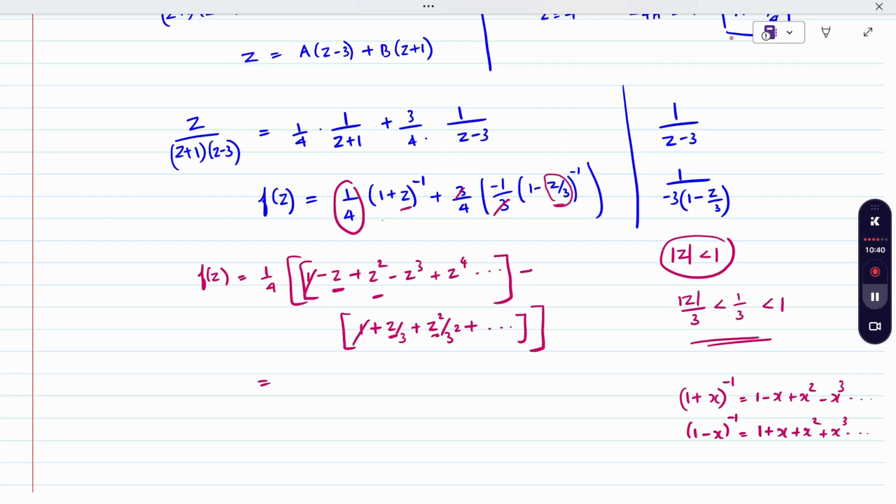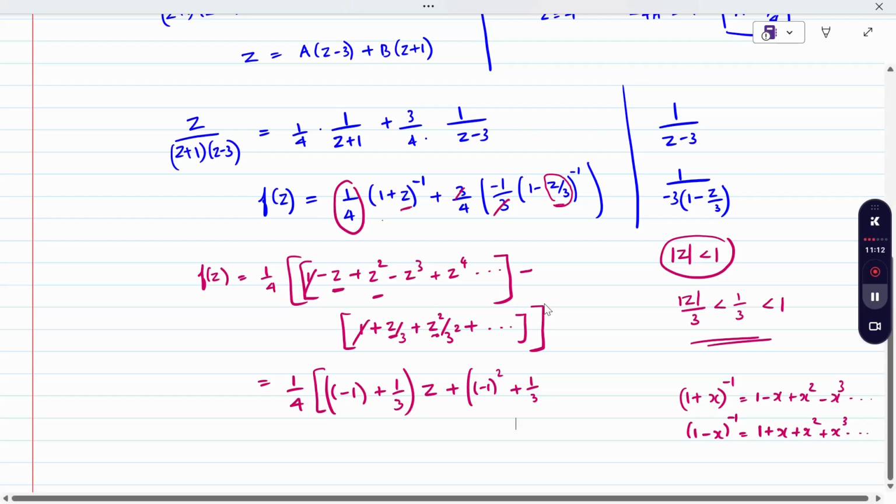Now when I simplify it, 1 by 4 is as it is outside. In z I have two terms: minus 1 and 1 by 3, into z. The next term also: minus 1 the whole square plus 1 by 3, minus 1 by 3.